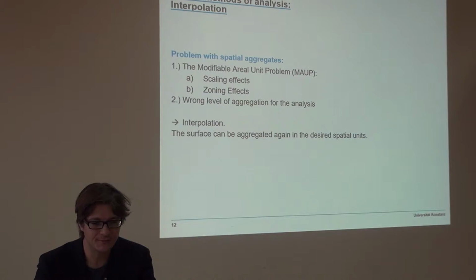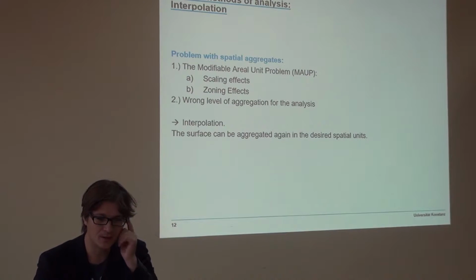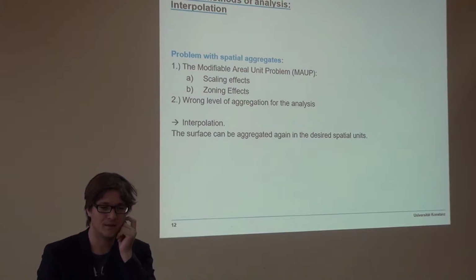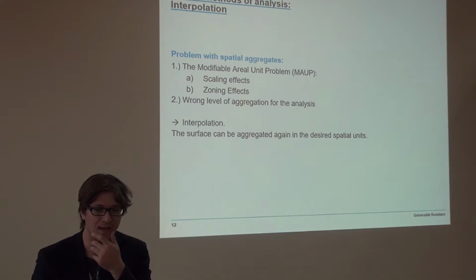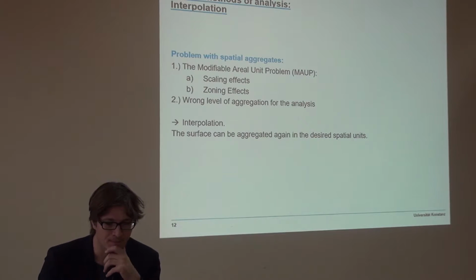Interpolation can be very helpful when you have different districts or different neighborhoods or other areal units. And as I told you on the first day, with these kinds of areal units or spatial aggregates, there are two problems. One is scaling effects, and the second is zoning effects.